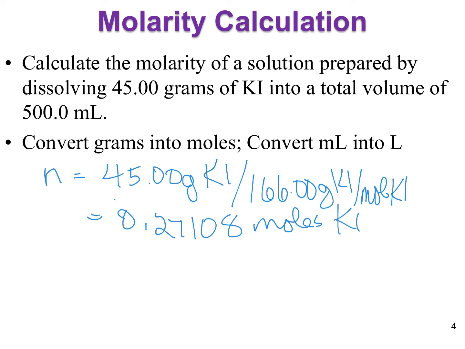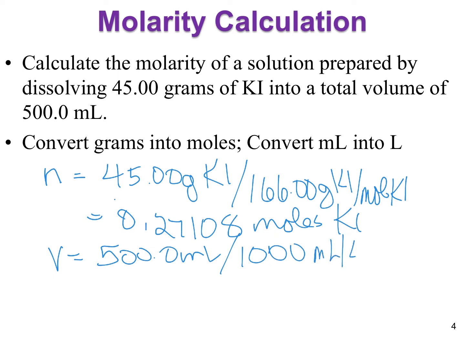The volume of the solution in liters is 500.0 milliliters divided by 1,000 milliliters per liter, giving 0.5000 liters.